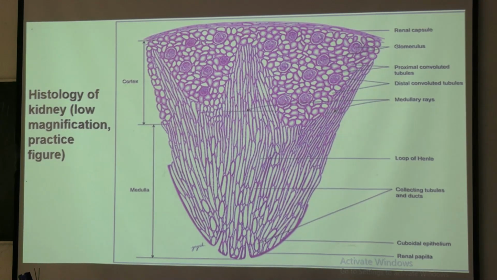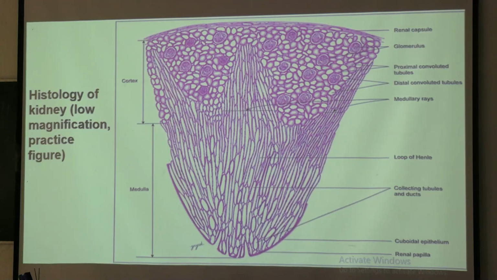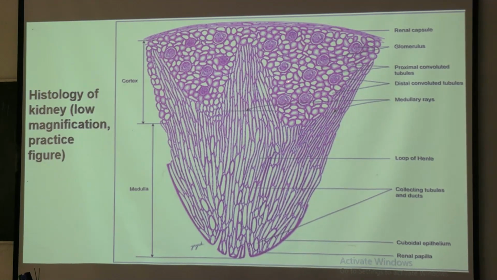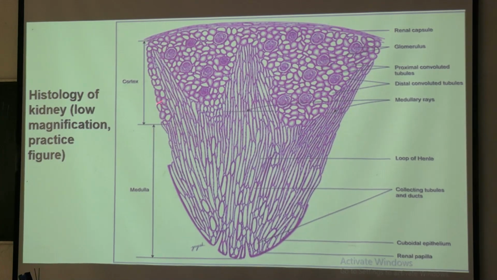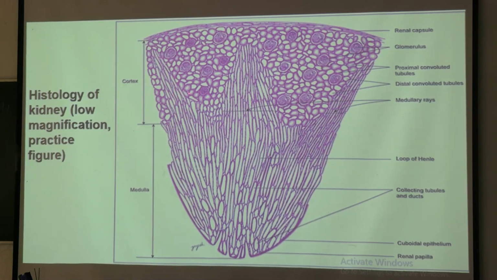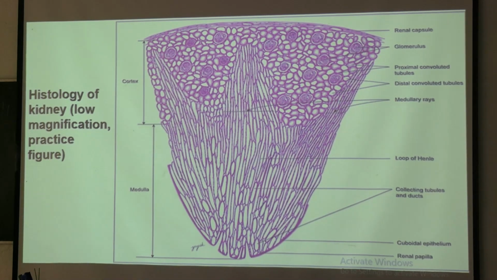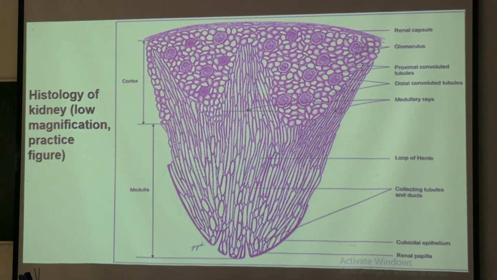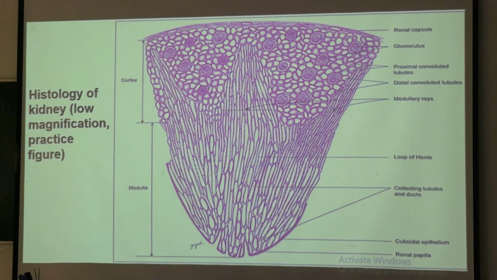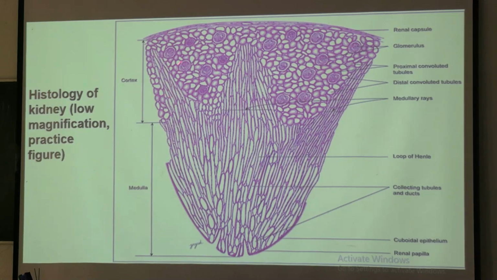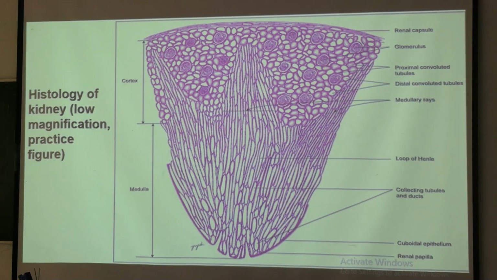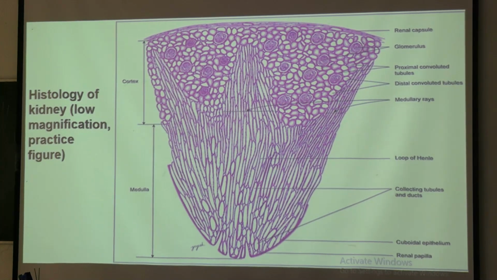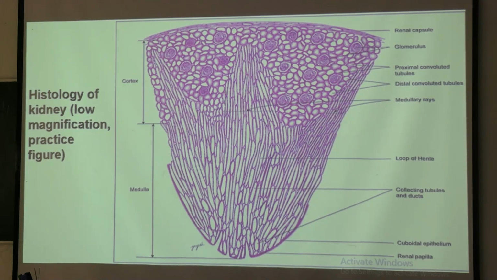How will you differentiate between them? Proximal convoluted tubule is more pink in color and its lumen is narrowed, because there are cuboidal cells and microvilli present. In distal convoluted tubule, here also there are cuboidal cells, but the lumen is larger.